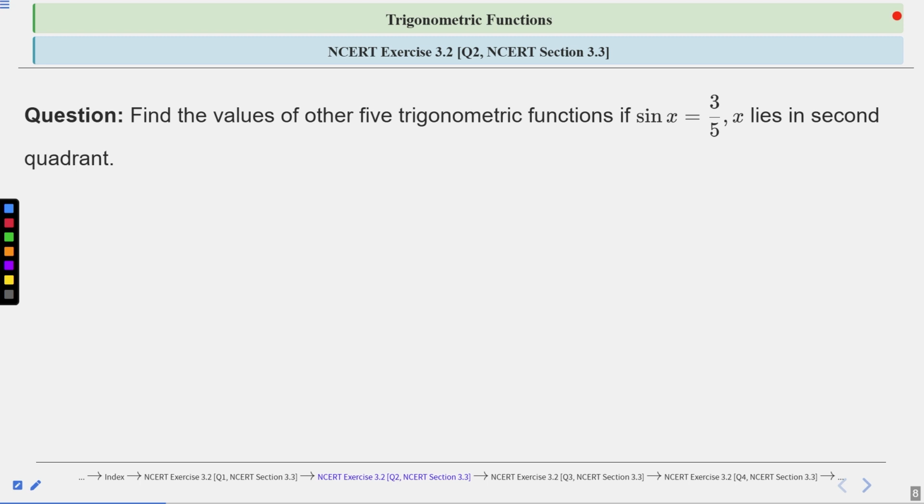So in this way, you can try to attempt this question. We have some time to solve or think about this question. After that, we will move to the solution part.